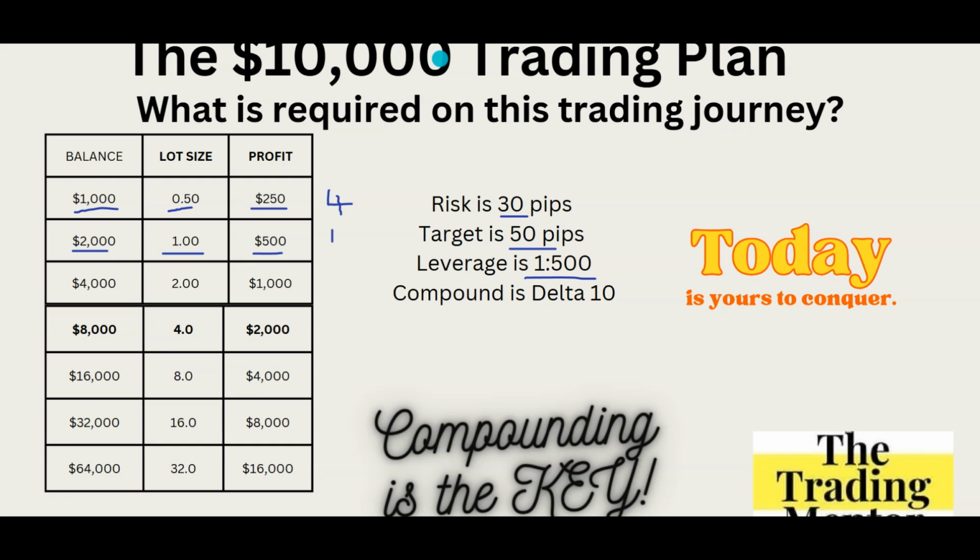Times that by 4, and that's going to get you to $4,000. Then you double it again, and then each successful position is going to bank $1,000, and so on and so forth. So this is called compounding on a delta of 10.